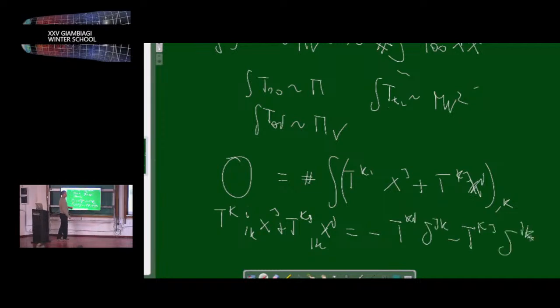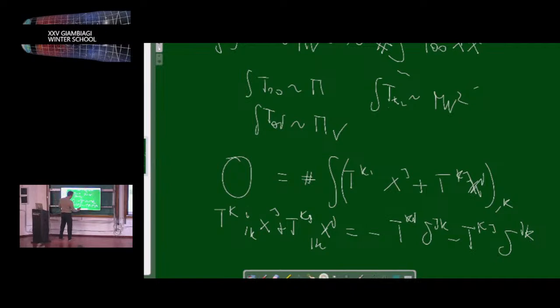Now I'm just lazy, so I don't write the integral sign anymore, but whatever I write from now on is only true under the integral sign. This is not valid locally. It's only valid once I integrate, because I use the fact that the integral of the divergence of an object which is confined in a tiny space is 0.